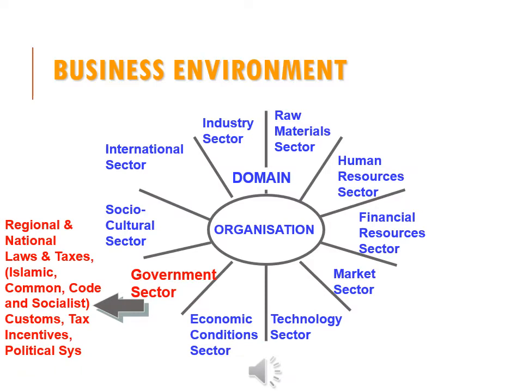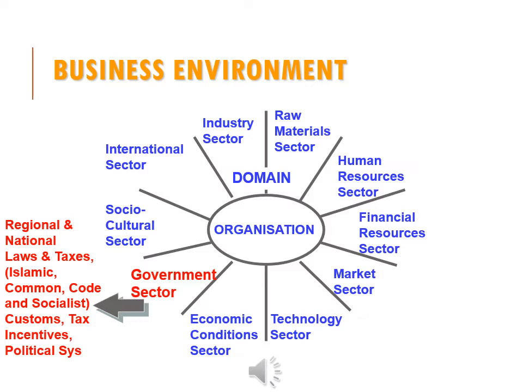So next we have the government sector, where we are looking into, for example, not only the political arena or even political struggles or negotiation between different countries. We are also looking at, for example, national laws and national taxes. Different countries have different kinds of business systems.